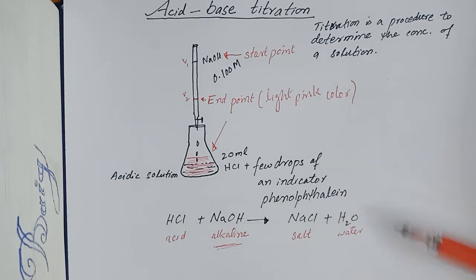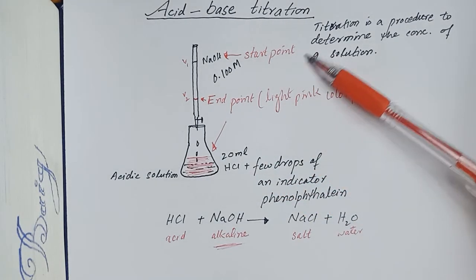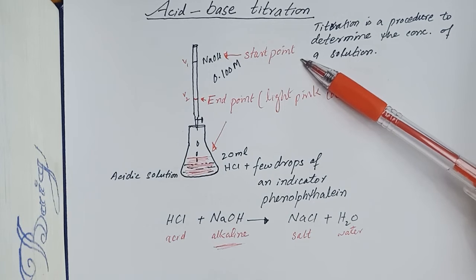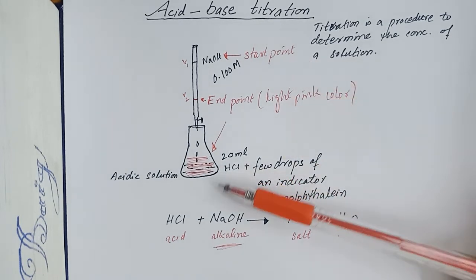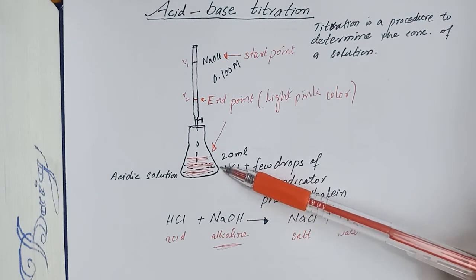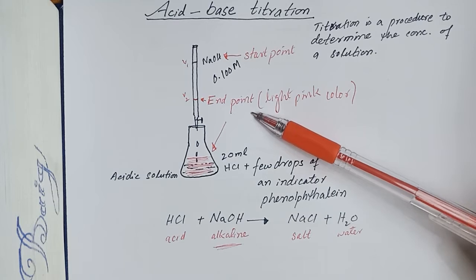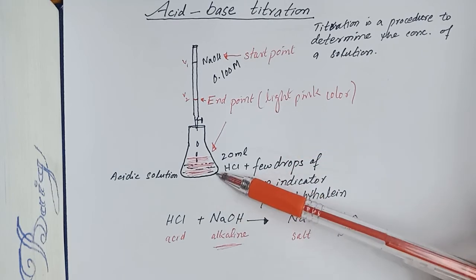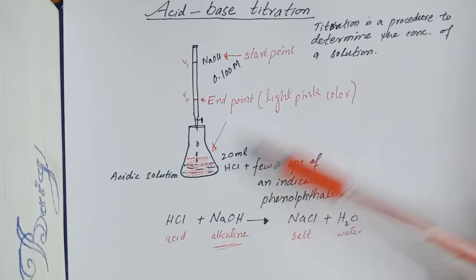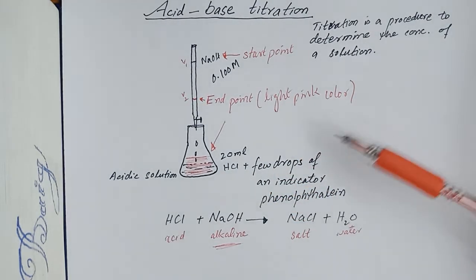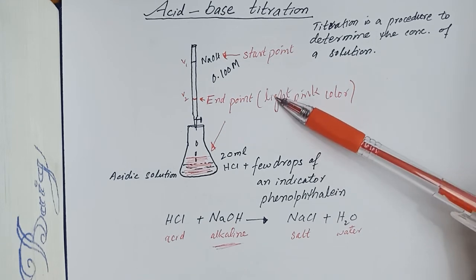We have two volume marks on the burette: V1, when we started dropping sodium hydroxide into the conical flask, and V2, the endpoint, when the color of the HCl solution turns pink. Here we need to calculate the volume of the base that has been used.